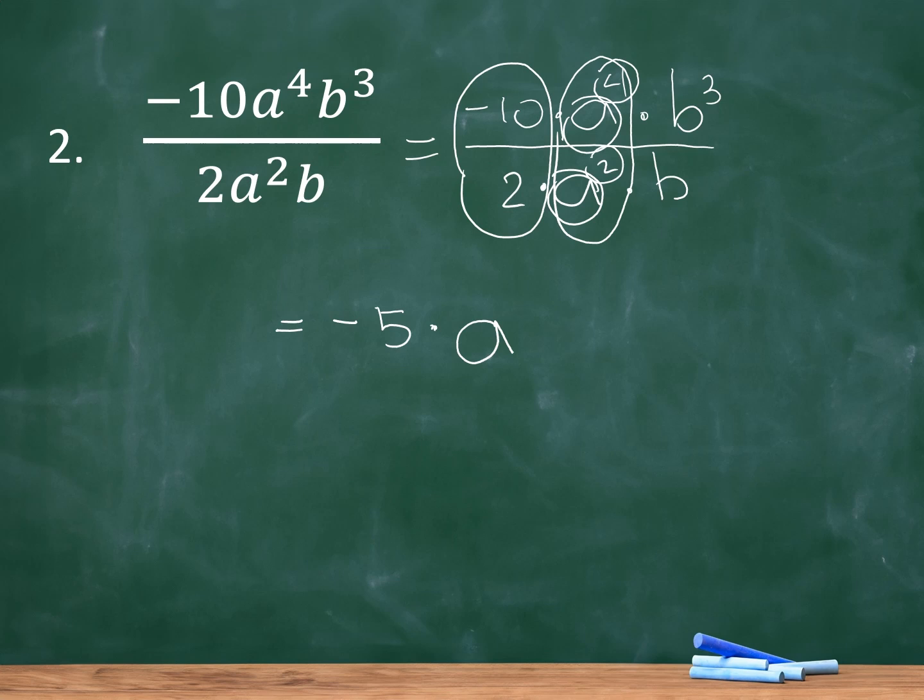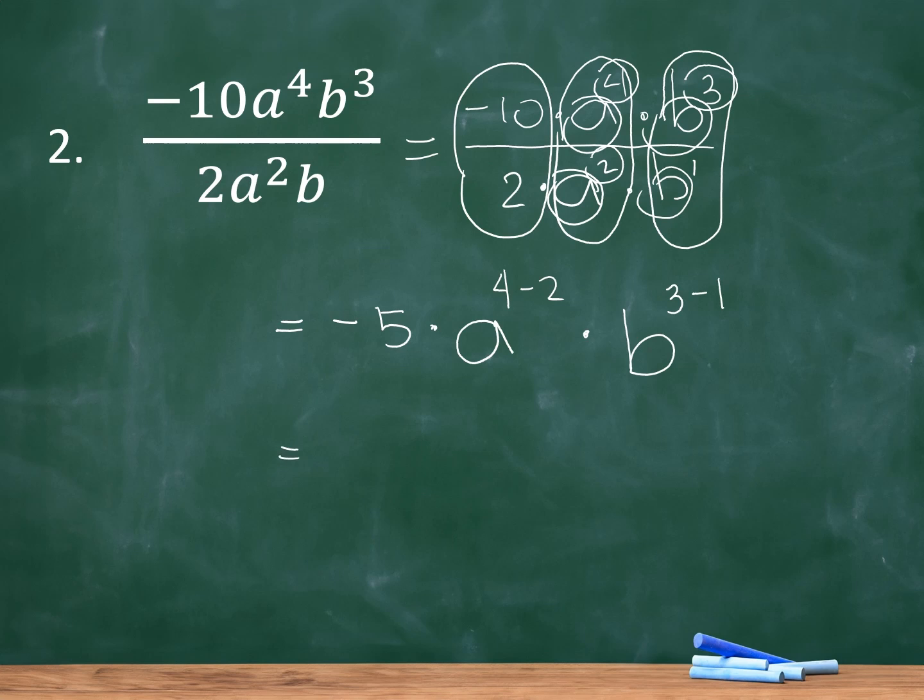Then times, let's apply the law of exponent now to the variable b. Our common base is b, so we copy the common base b, and then we subtract their exponents, 3 minus an imaginary 1 here. So that's 3 minus 1.